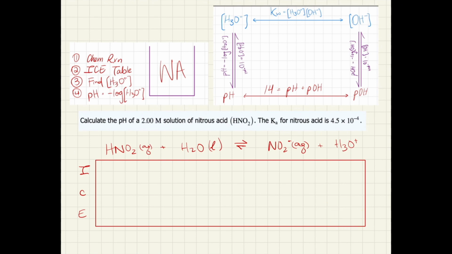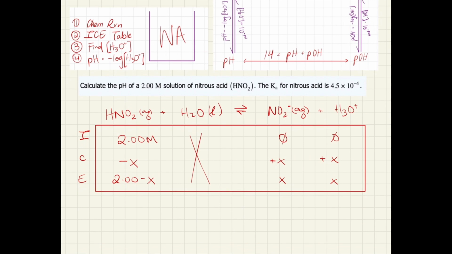Now with the heterogeneous mixture, you know that you can cross out your pure liquid waters. In this problem, we start with 2.00 molar of the reactant and 0 products. Unless there's a common ion effect going on, you can start off with 0 products. And hopefully you're familiar with the idea of ICE tables, where we'd fill out the rest of this ICE table looking like this. Wonderful.